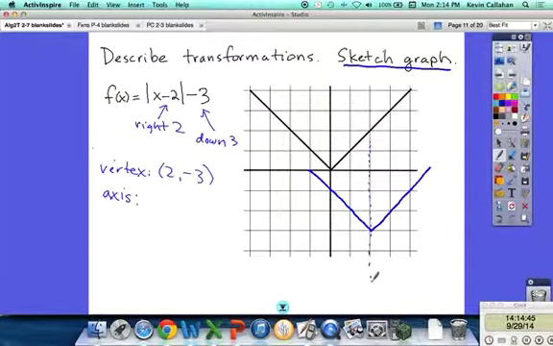Vertical lines are always x equals a number. What number? Yeah, it's got to be this one, right? It's going right through the vertex, which has the x coordinate of 2, so x equals 2. Every point on this line has an x coordinate of 2, x equals 2. Good.